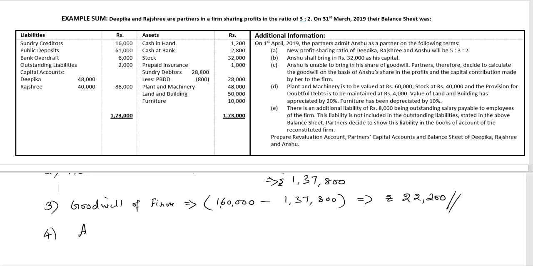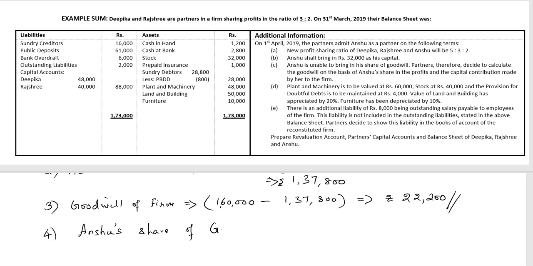Next, Anshu's share of goodwill. The goodwill of the firm, which is rupees 22,200 multiplied by Anshu's share in profits, which is 2 divided by 10. So we get rupees 4,440 as Anshu's share in goodwill.